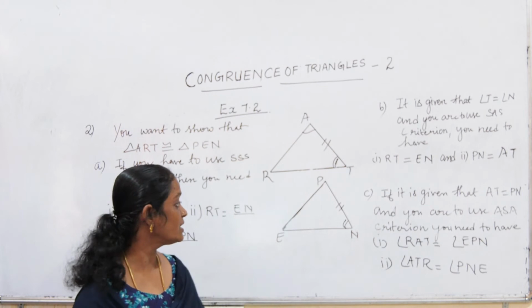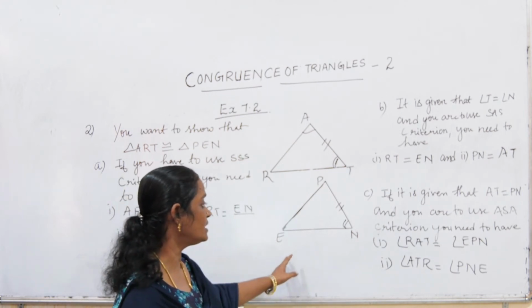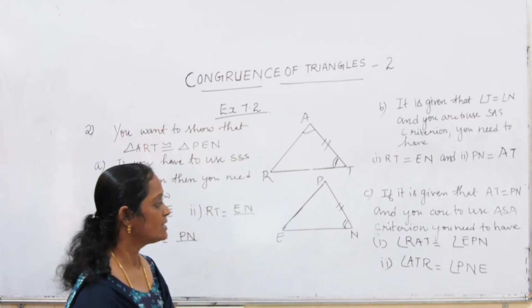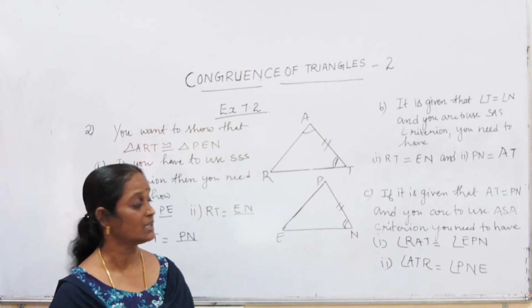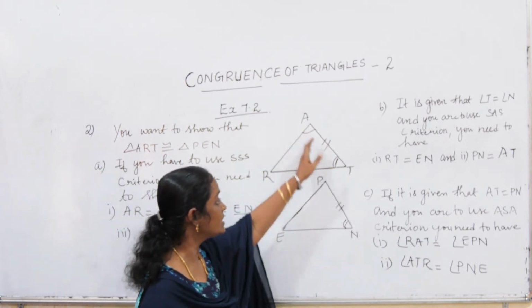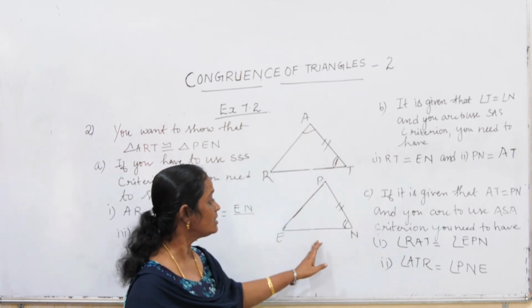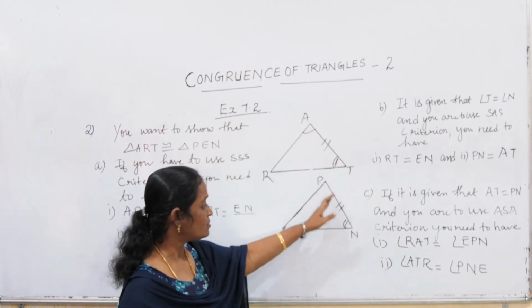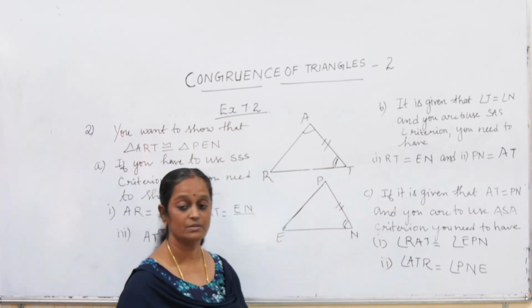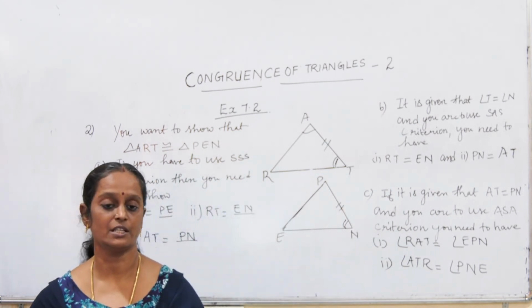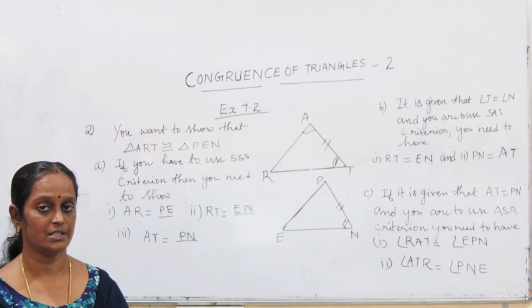So these two triangles are congruent by the ASA criterion. Angle side angle: these two angles and the included side between these two angles are equal to these two angles and the included side of triangle PEN. So these two triangles are congruent by ASA criterion.